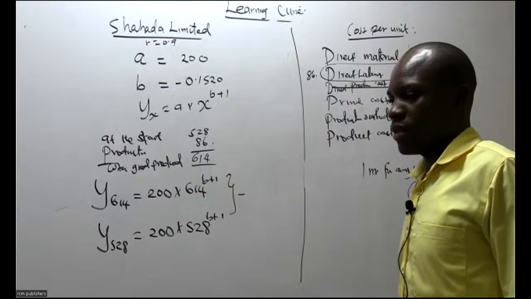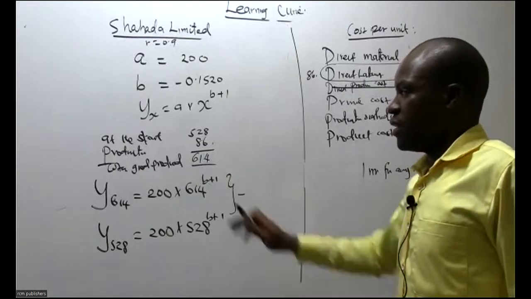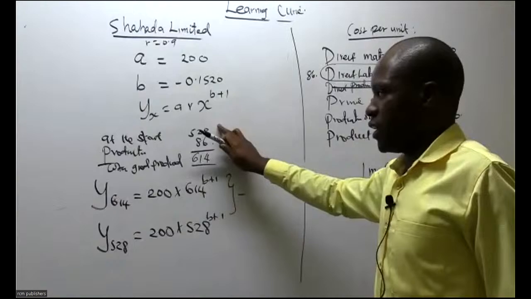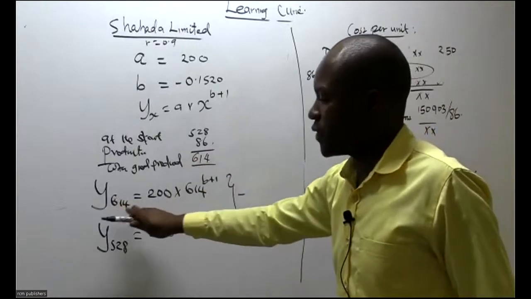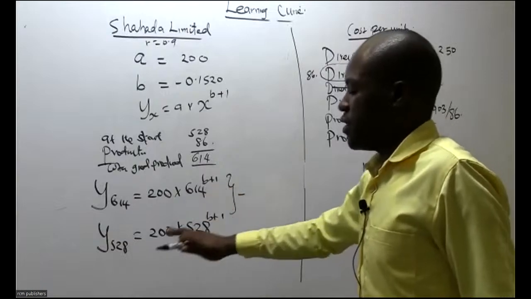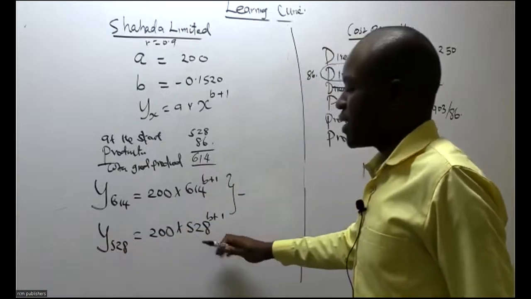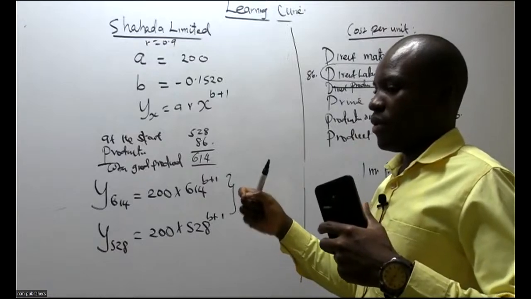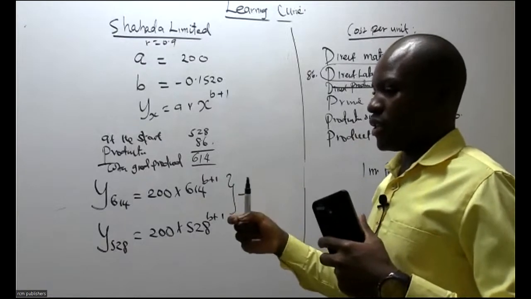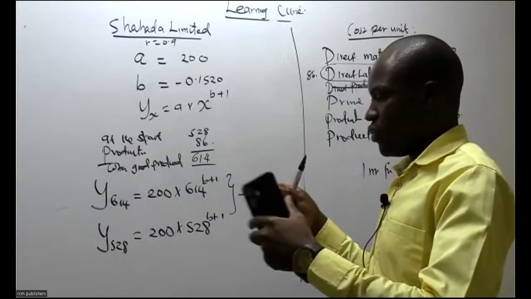As we understand, at the start they had already produced 528. At the end, they have 614. The first 614 is this, the first 528 is this, and in the middle there is a gap.